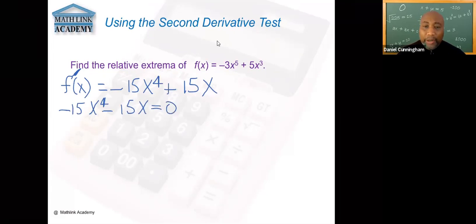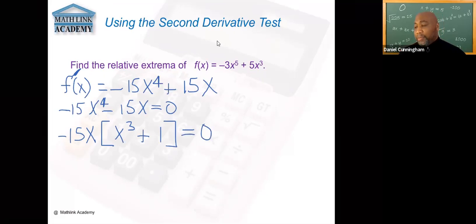I know you said, Mr. C, you emphasized that word critical. Yeah, I know. And so we factor out, let me factor out a negative 15x. And I'm left with x cubed, if I'm not mistaken, plus 1 is equal to 0.